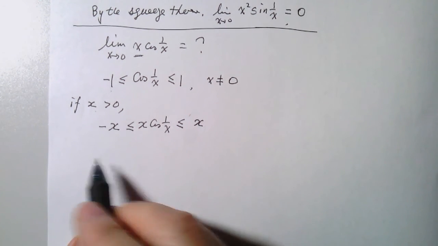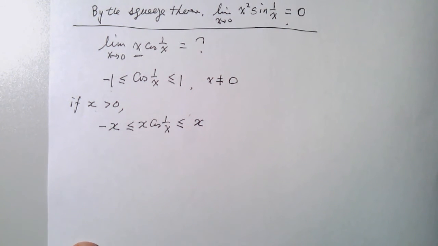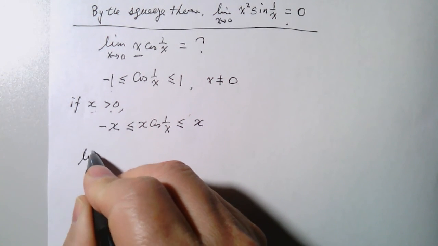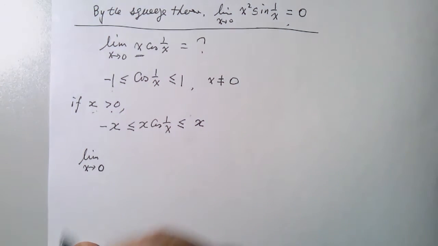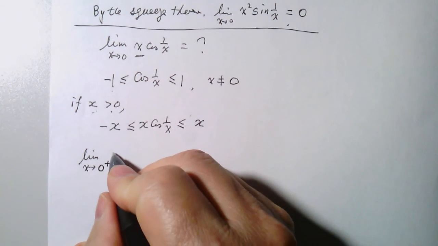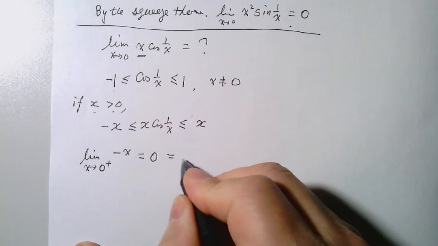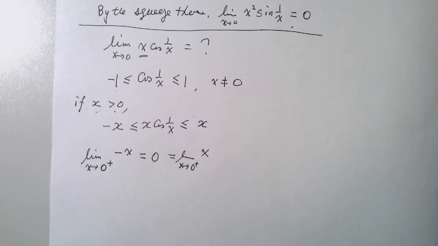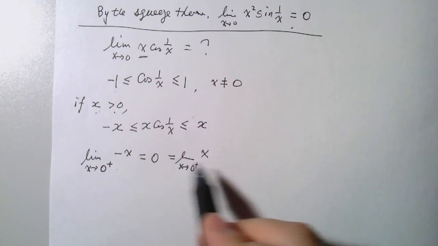Now we can apply the Squeeze theorem to one side of the limit. Because x is greater than 0, we take the limit as x goes to 0 from the right side, 0 plus. Negative x goes to 0, and also x from the right side of 0 goes to 0, because that's a polynomial and you can just do substitution, which gives you 0.